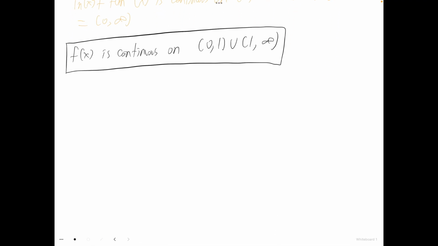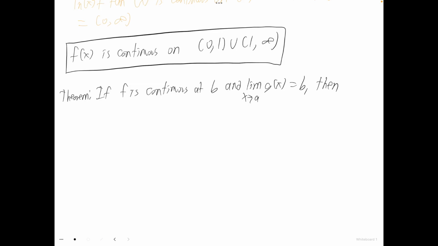So next we want to talk about how we deal with composition of functions. And so for composition of functions, we have the following fact. If f is continuous at b, and the limit as x approaches a of g of x equals b, then the limit as x approaches a of f of g of x is equal to f of b.